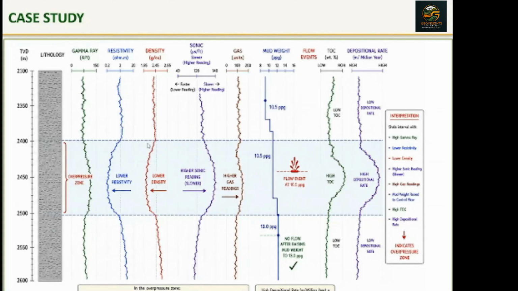So to characterize the main cause for the overpressure, it was due to the presence of source rock in the generation stage, and even it was shales with high depositional rate, so it resulted in compaction disequilibrium. So was the solution an ideal solution?